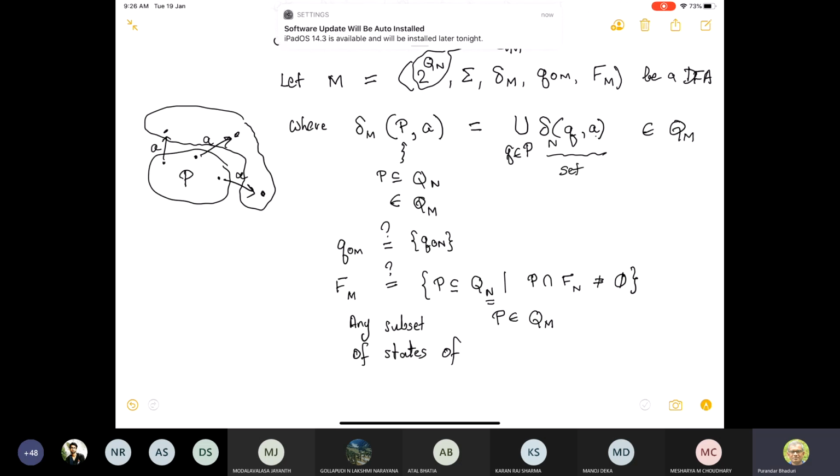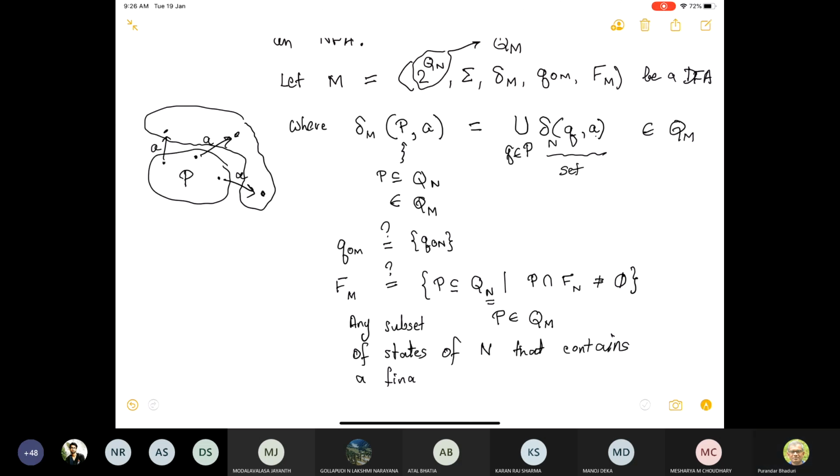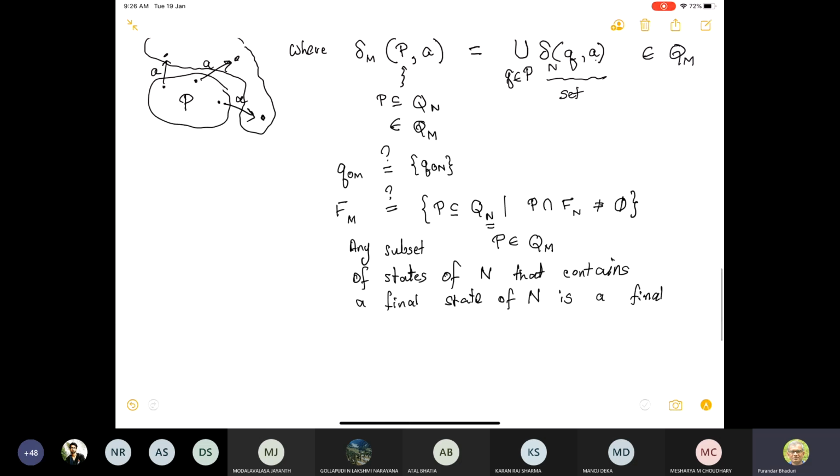Any subset of states of N that contains a final state of N is a final state of M. So I just wrote it down in words.